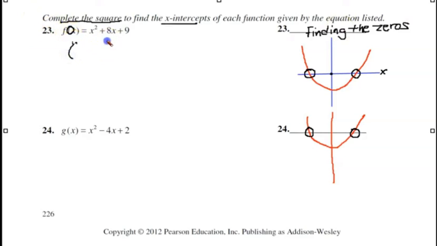I'm going to use this parenthesis squared. I'm going to transpose that over to this side, and that becomes a -9. That's an x. This is a plus. Half of 8 is 4. I'm going to add 16 to both sides.